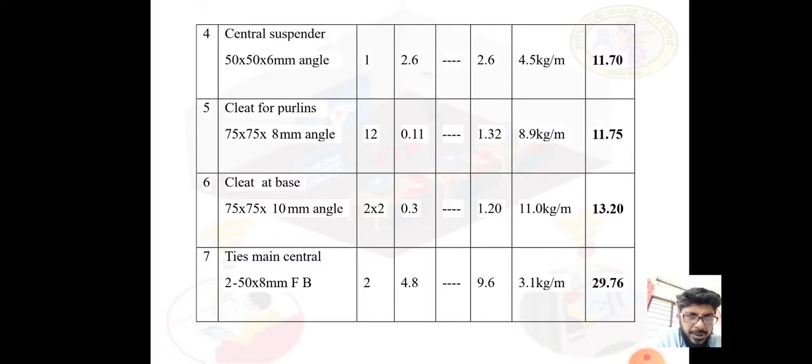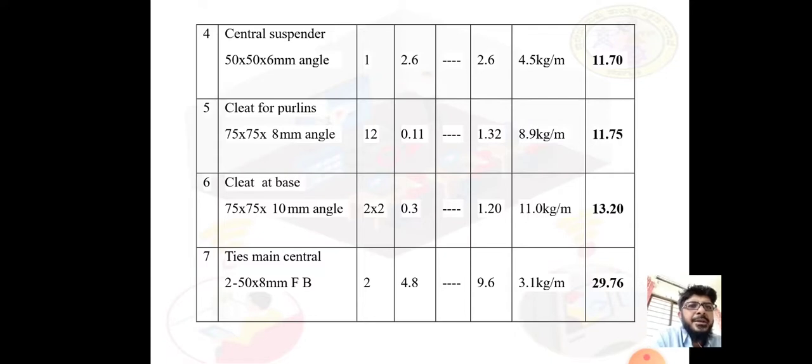Next, come to cleat for purlins. Cleats act as a fixity for purlins and principal rafter. Principal purlins are fixed to the principal rafter by means of cleat angles. Here section given as 75 into 75 into 8 mm.